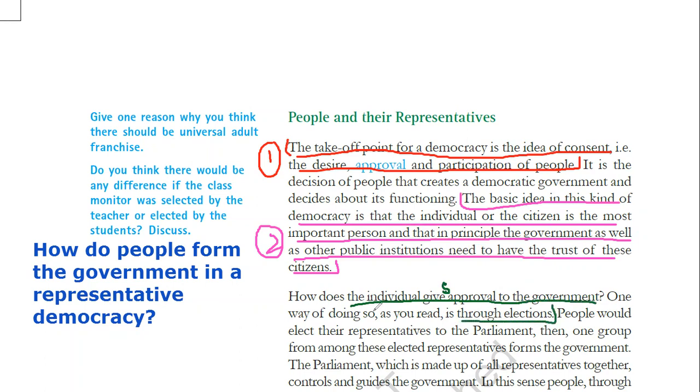We will not write the portion before this. We'll only write, the individual gives approval to the government through elections. That will be your point number three. So the third point would read, the individual gives approval to the government through elections.